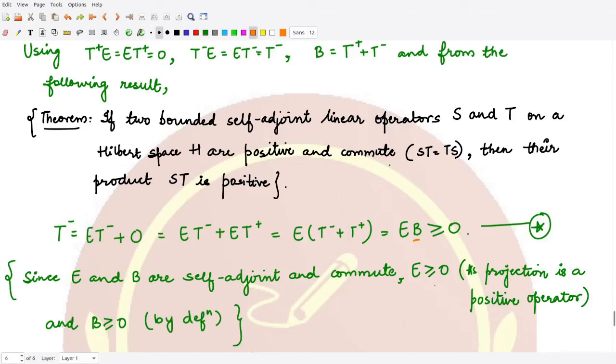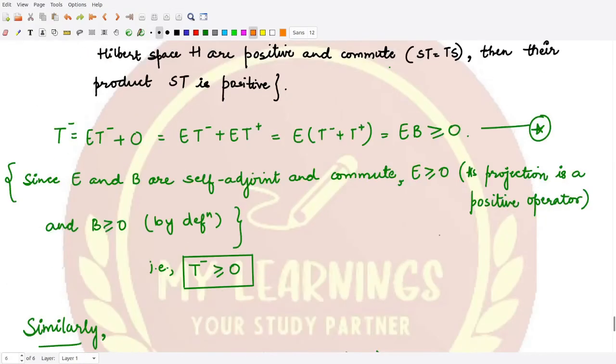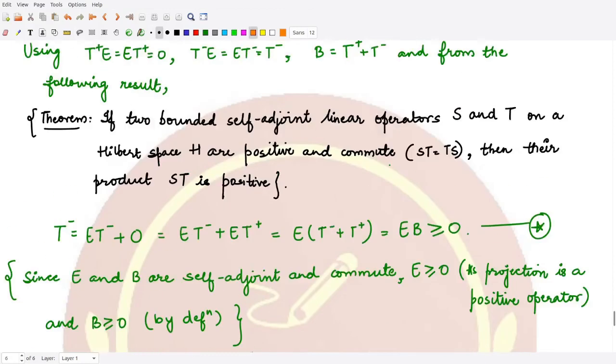Therefore their product EB is also a positive operator according to the theorem that we have just stated. So this EB is a positive operator, and what was EB? EB was nothing but your T negative operator. So all in all, your T negative operator is also a positive operator. So we have proved one part of this equation, that is T negative is a positive operator.